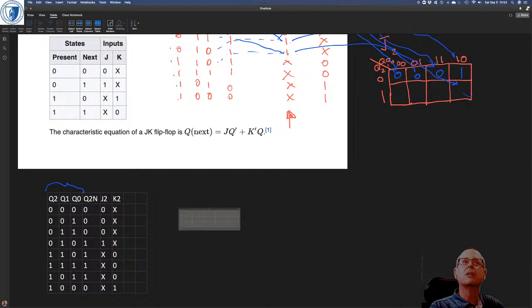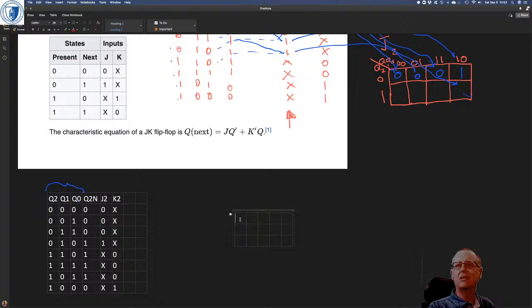And let's just make it big so we can read it. Okay, so down here is Q2, and across here is Q1 and Q0. Right, so down here we have Q2 is 0 or 1, and here we have 0, 0, 0, 1, 1, 0, sorry, 1, 1 or 1, 0.